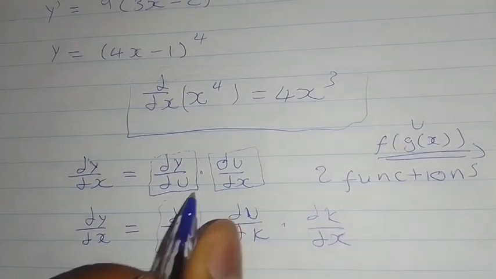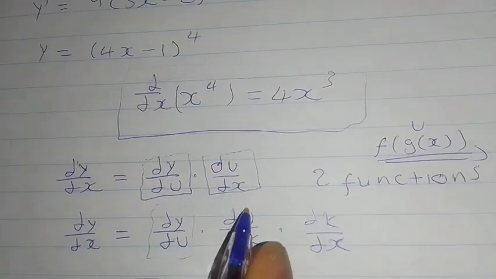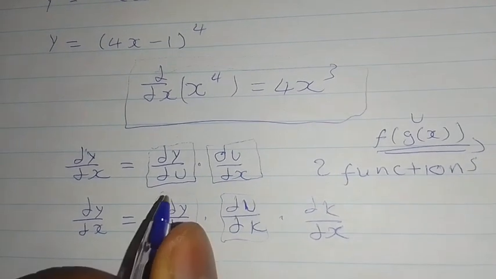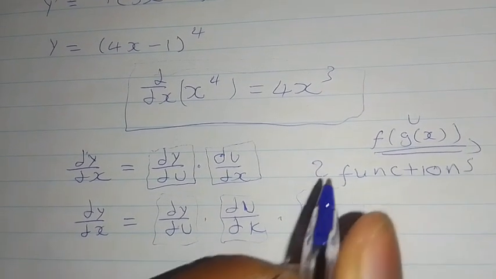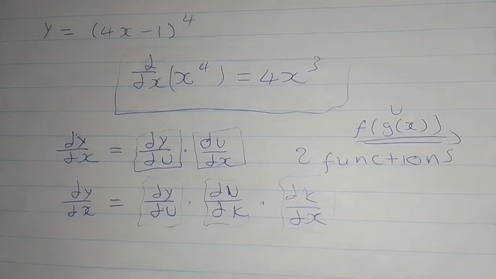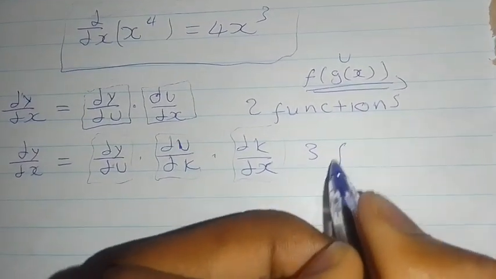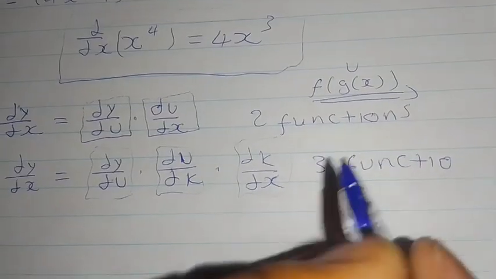The derivative of the outside function irrespective of what's inside. Multiply that by the derivative of the middle function irrespective of what's inside. Multiply by the derivative of the innermost function. This is the chain rule if you have three functions.